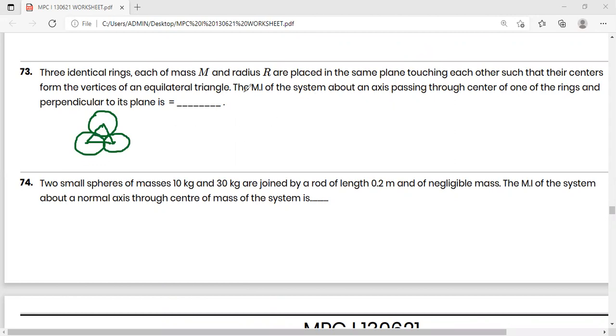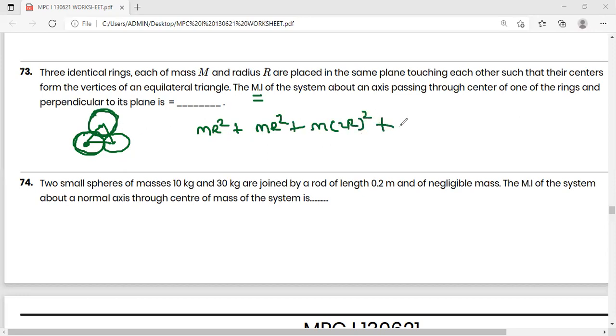The question is the moment of inertia of the system about an axis passing through the center of one of the rings and perpendicular to its plane. About this axis, the moment of inertia of this ring is mr square. Plus, for the other ring, by applying the parallel axis theorem, mr square plus m into (2r) whole square.